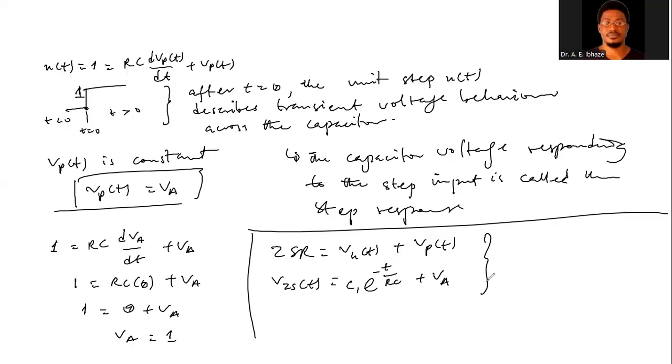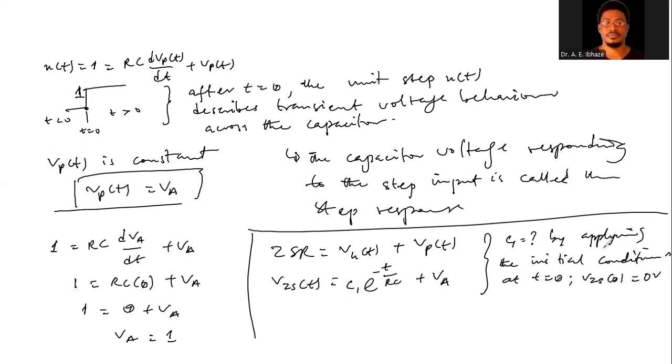So now that we have that, we may evaluate C1 by applying the initial conditions: t equal to 0, and VZS of 0 equal to 0 volts.